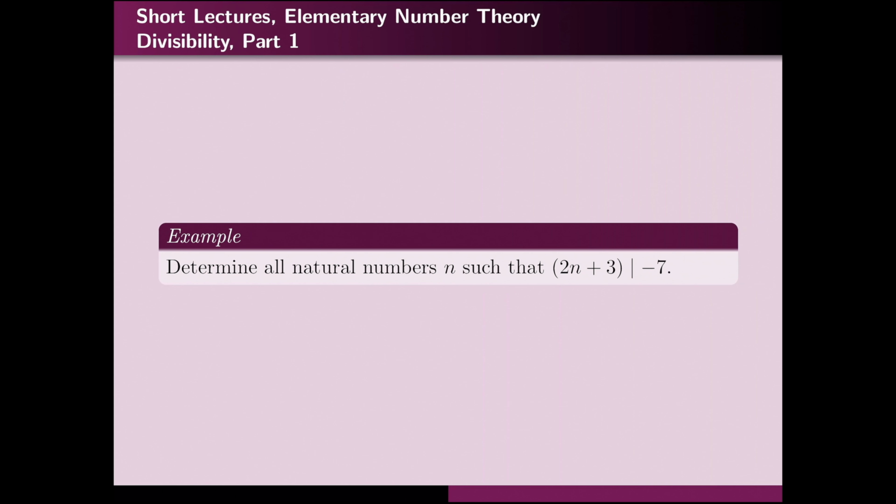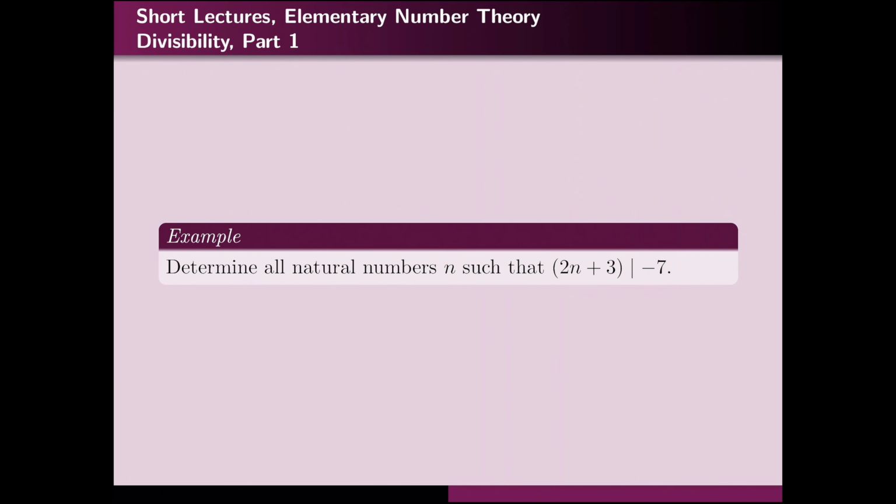Okay, so that theorem is a special case of, for example, an example of this type. Determine all natural numbers n so that 2n plus 3 divides minus 7. In other words, this number should be a factor of minus 7.